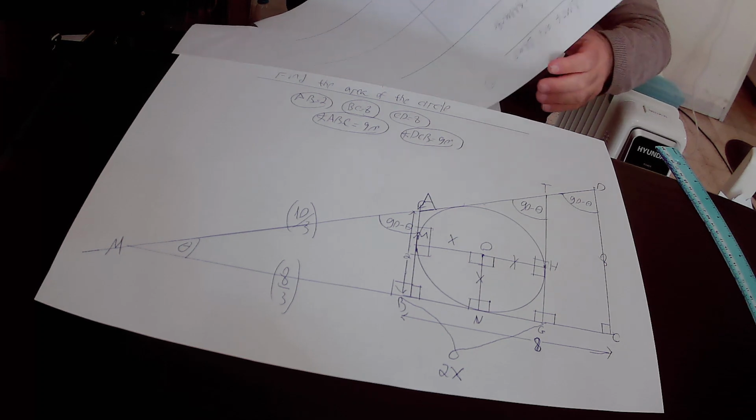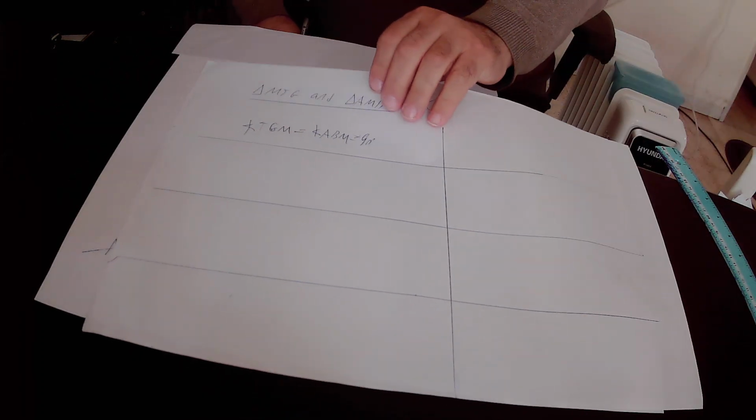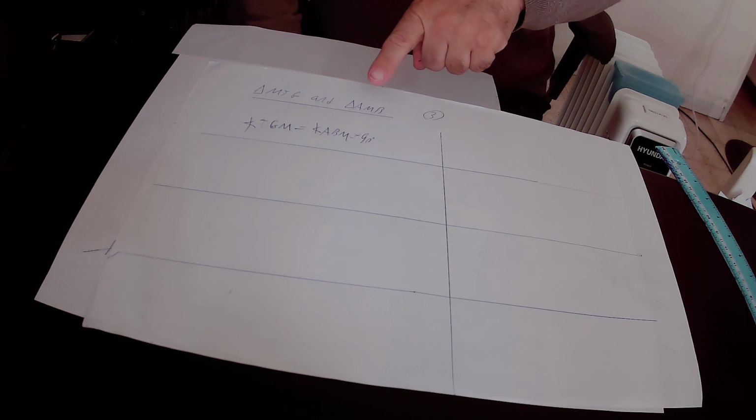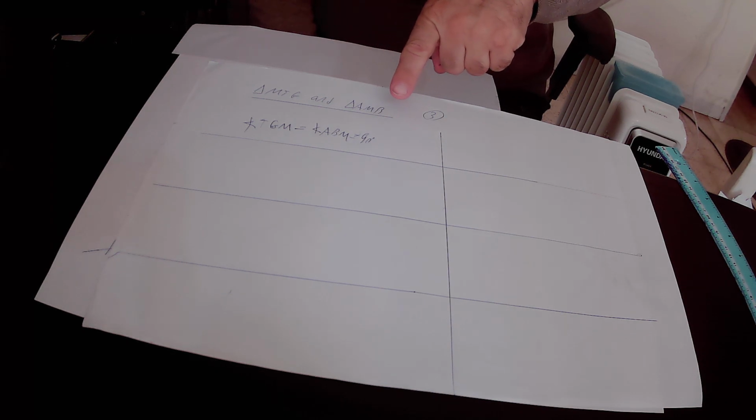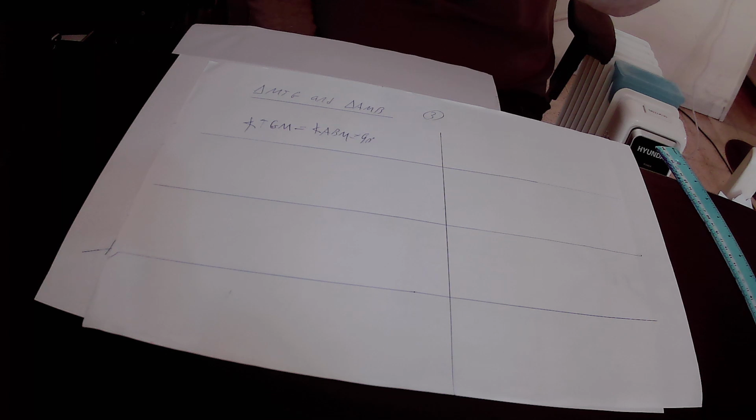Repeat again. Angle TGM in the big triangle is equal to angle ABM in the small triangle. They are both equal to 90 degrees, therefore they are equal to each other.